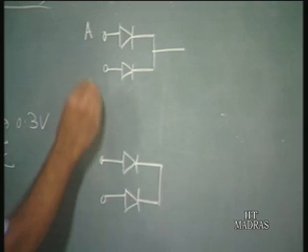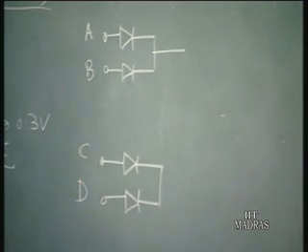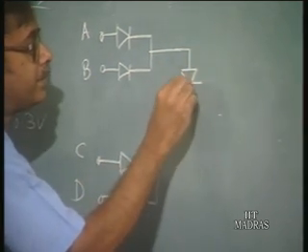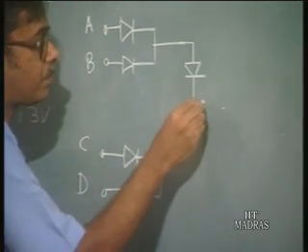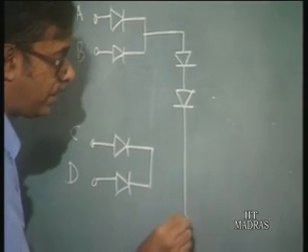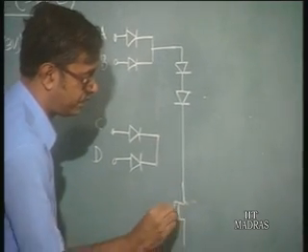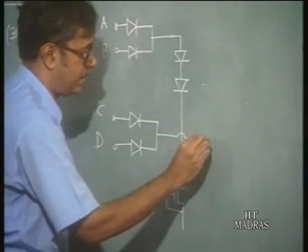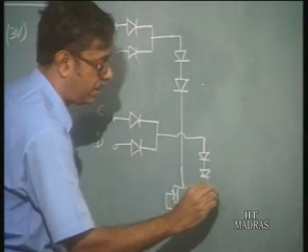This is A, B, this is C, D, and you have to follow up with a level shifting circuitry followed by the pull down transistor, and here again you have another set of level shifting circuitry followed up by the pull down transistor.